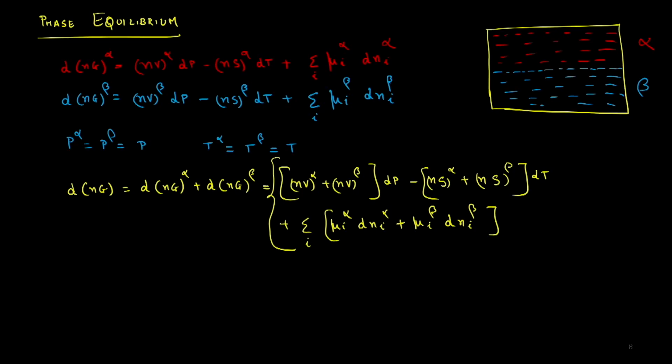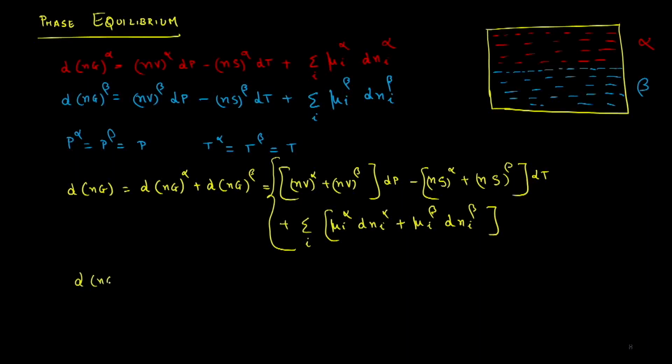The system itself is closed, right? So, because the system is closed, the total volume of the system is not going to change. When I look at the first term in this particular scenario, Nv of alpha phase plus Nv of beta phase is the total volume of the alpha phase plus the total volume of the beta phase. When we add these two volumes, what we get is the volume of the system. We can simply call it Nv, right?